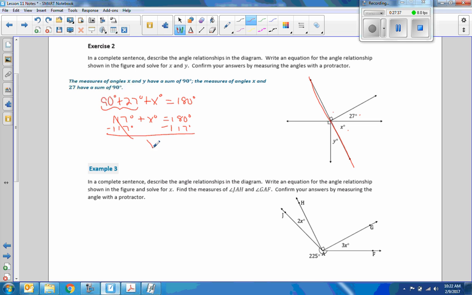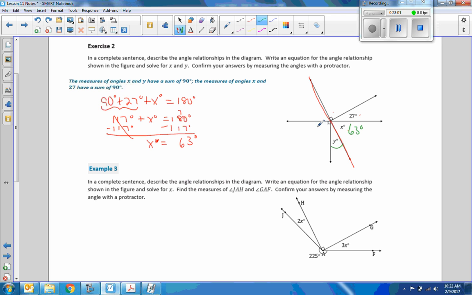And these cancel, and I get x degrees equals 8, 7, 10 minus 7 is 3, 7 minus 1 is 6. So x equals 63 degrees. So I don't want to use that degrees. X equals 63 degrees. Okay?